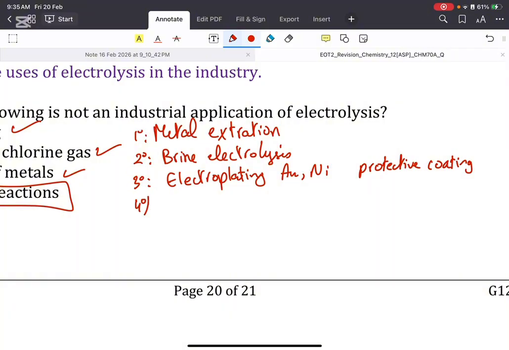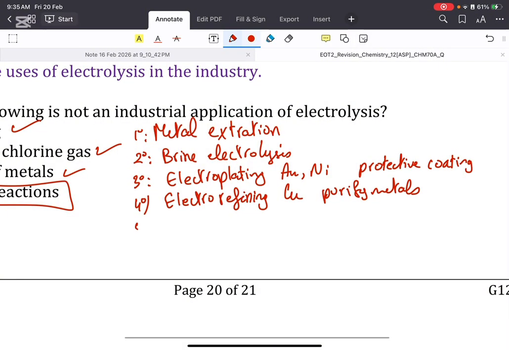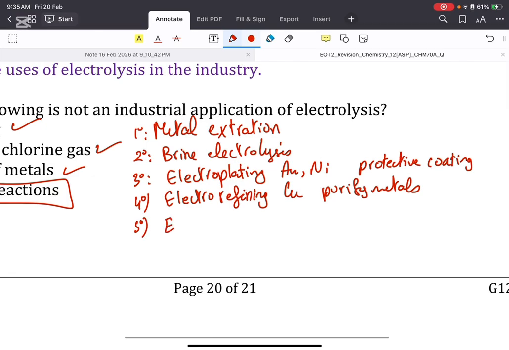And for electro-refining, for example refining copper, is just to purify metals. And finally, an important use of electrolysis is the electrolysis of water.